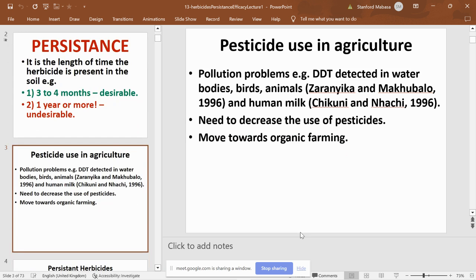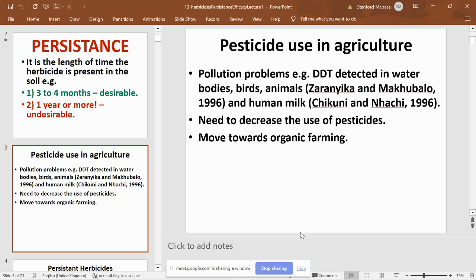Now, generally, the use of pesticides in agriculture has led to pollution problems. One example of a pesticide, although it's not a herbicide, was DDT, which was quite effective in reducing mosquitoes and therefore lowering the incidence of malaria in this country.